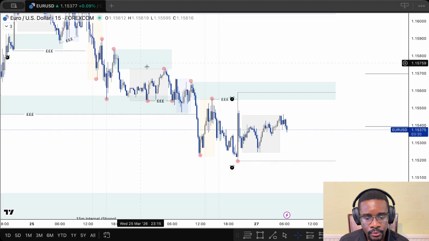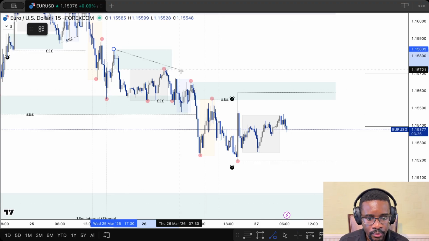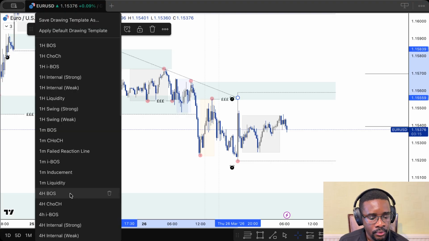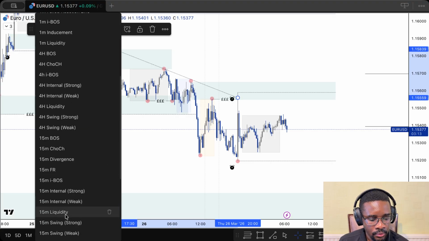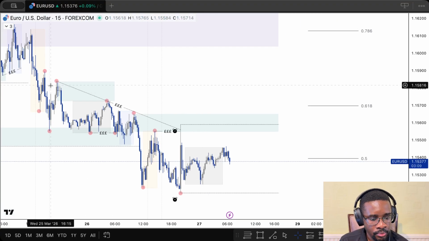And I could start from the top. Okay, if I start from the top, you can start to see, okay, maybe there is something. Okay, so there is potential liquidity at the top, right there.